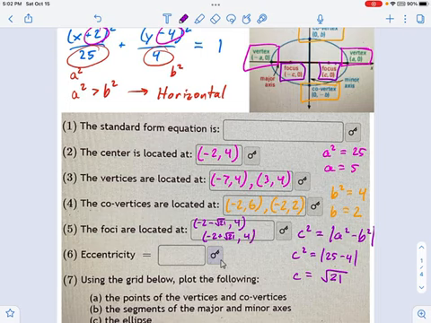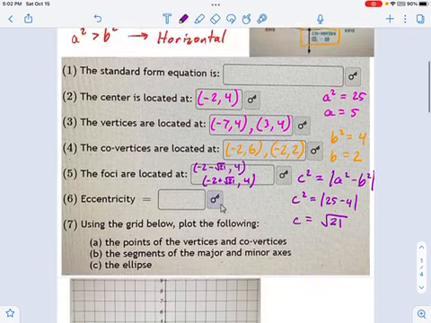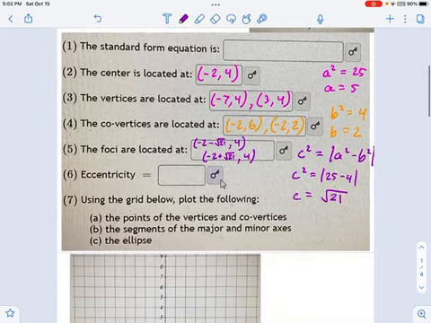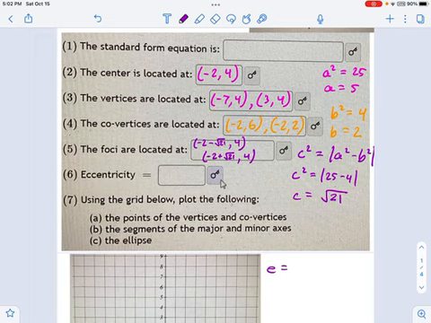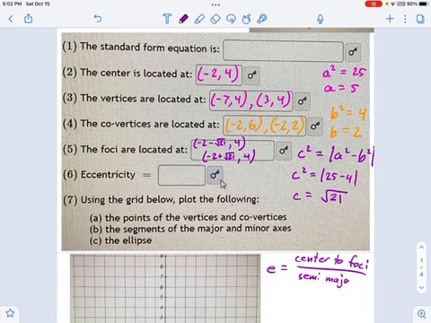Okay? And the eccentricity, it's a weird one. Let me write you a formula here. The eccentricity is the length from the center to one of the foci divided by the semi-major axis. Basically, this is a measure of how elliptical your ellipse is.